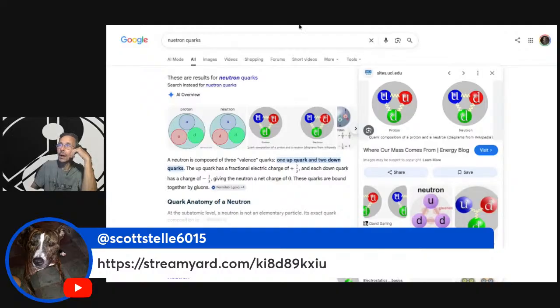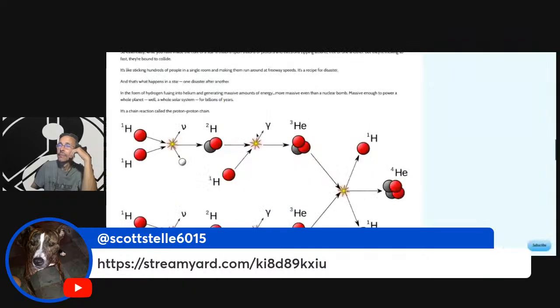That breaking of that bond causes this. This V is an electron neutrino. It causes this here, a positron, a positively charged electron, and it causes this right here. This becomes a deuterium. This is now a hydrogen 2, because it now has a neutron. So you have a proton and a neutron due to the weak nuclear force, allowing gravity to overcome the strong nuclear force.